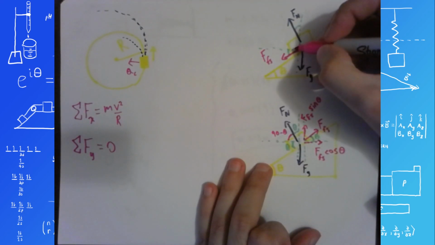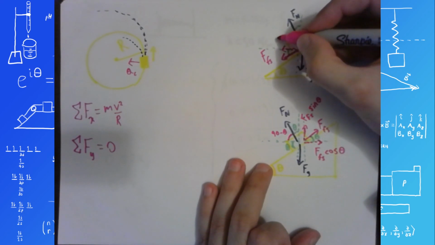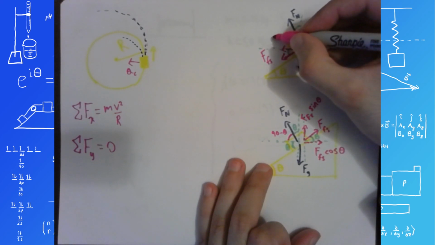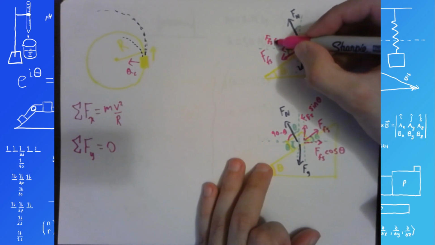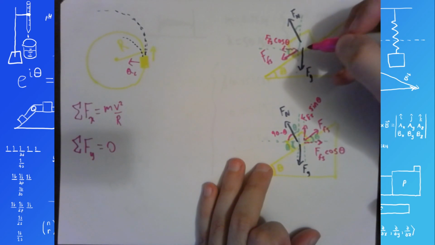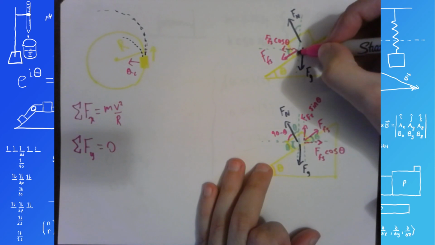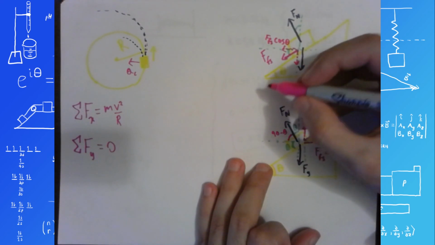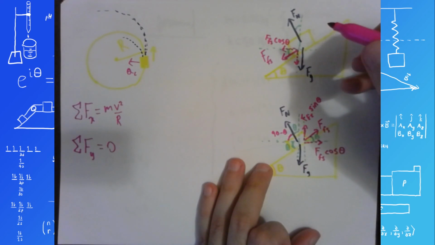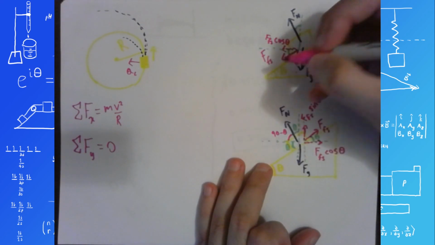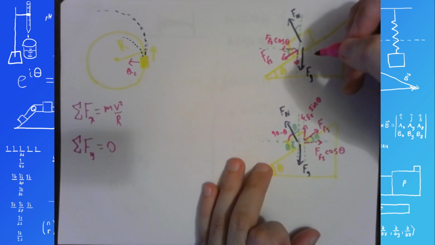I'm going to do something similar over here. That will be force of friction static times cosine of theta. And yeah, I don't have enough space for it here, do I? If I take the component pointing straight down, where do I even want to draw it? Or write it?